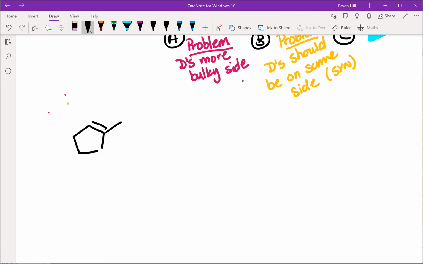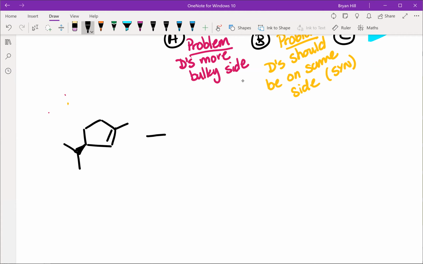Okay, let's do this. Okay, and let's pretend that we've got this as our starting material. So something without free rotation, and it's got an isopropyl group.